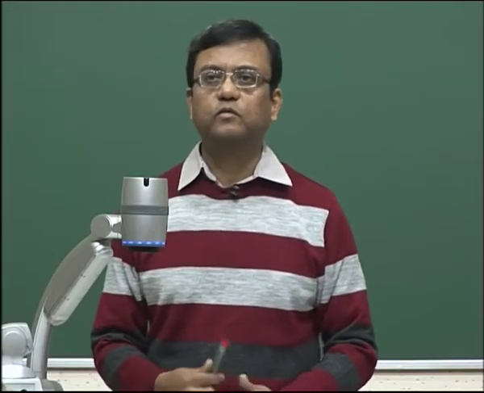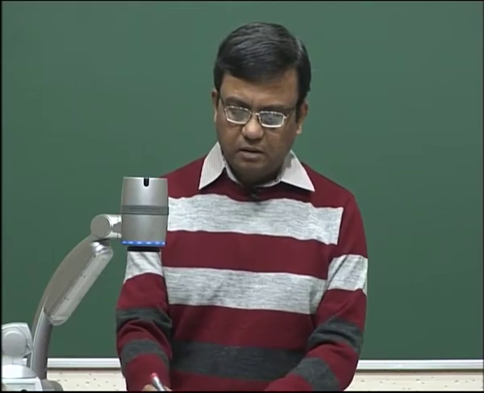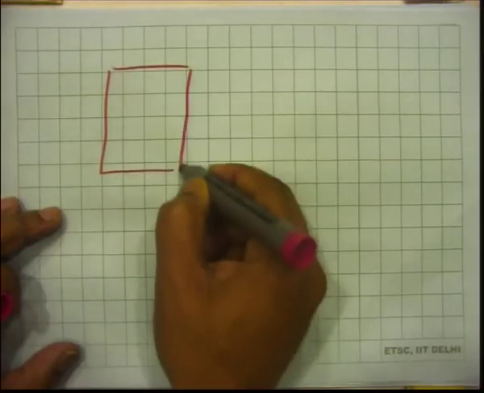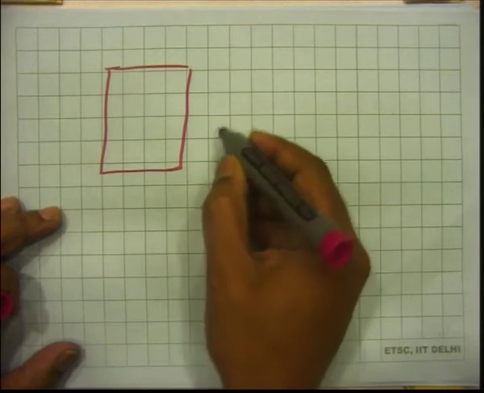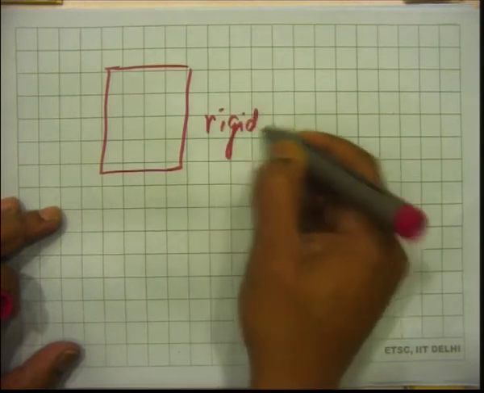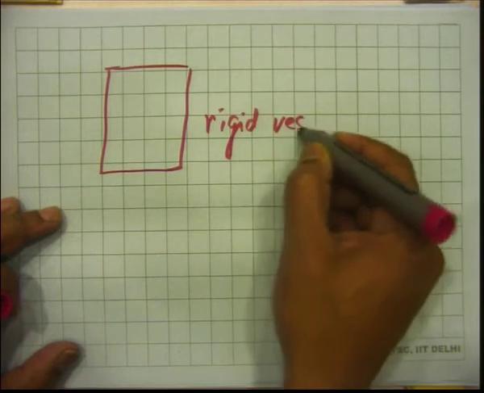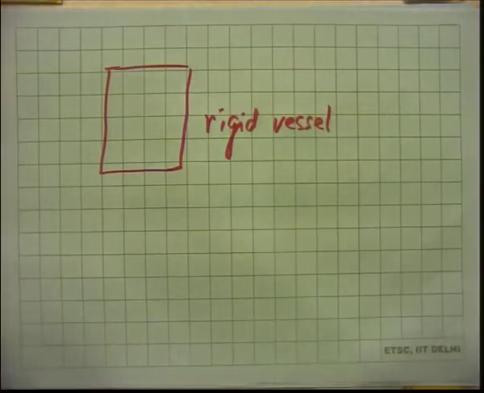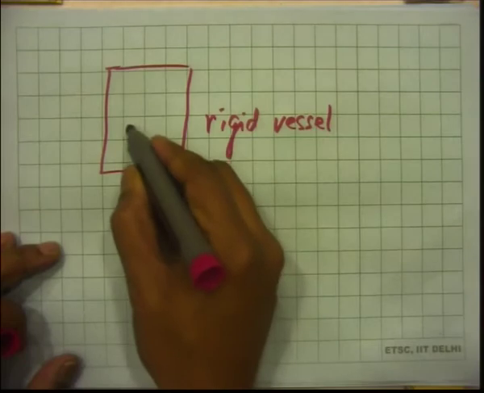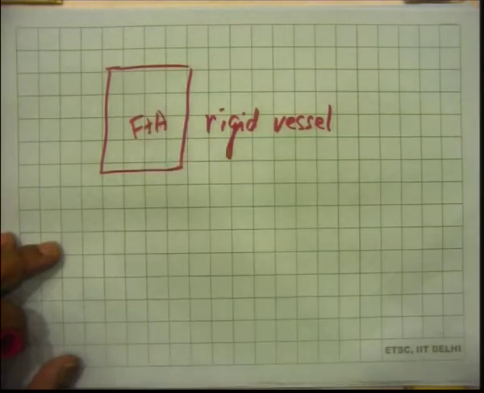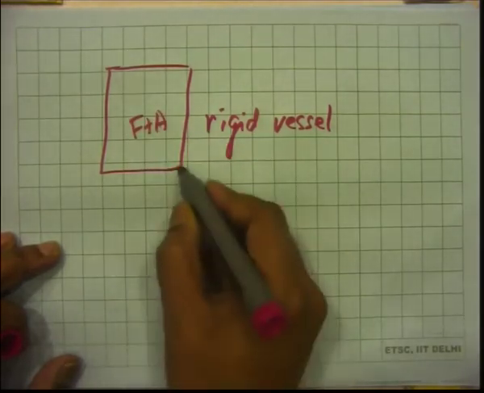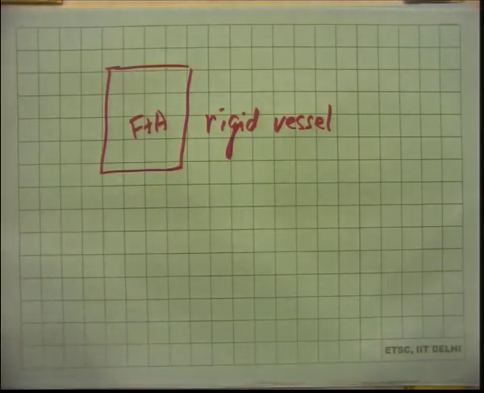let us say, like this bomb calorimeter which you have in the thermal science lab, and some of you have seen that. Take this as a rigid vessel, and it has got a fuel and air mixture in it. In the bomb calorimeter, in the lab we typically take either a solid fuel or a liquid fuel.